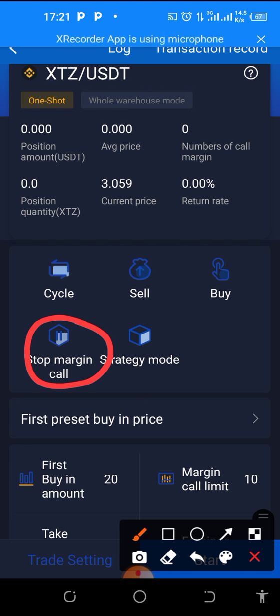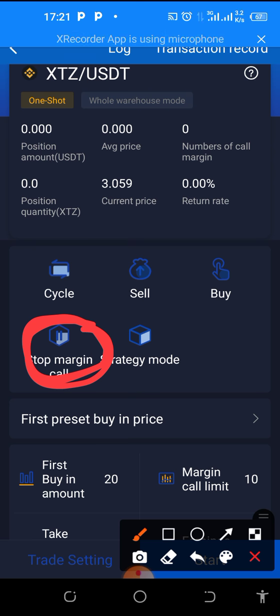Now what is this margin call button about? We have set the margin call. We want it to keep the buy and sell order going on a cyclical basis. So this button activates that. Once you have set that, make sure it is activated so that it can keep buying the dip for you. You understand?